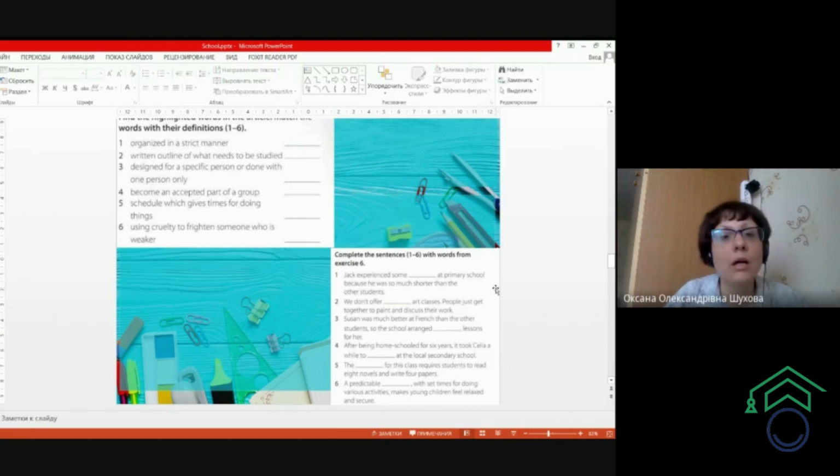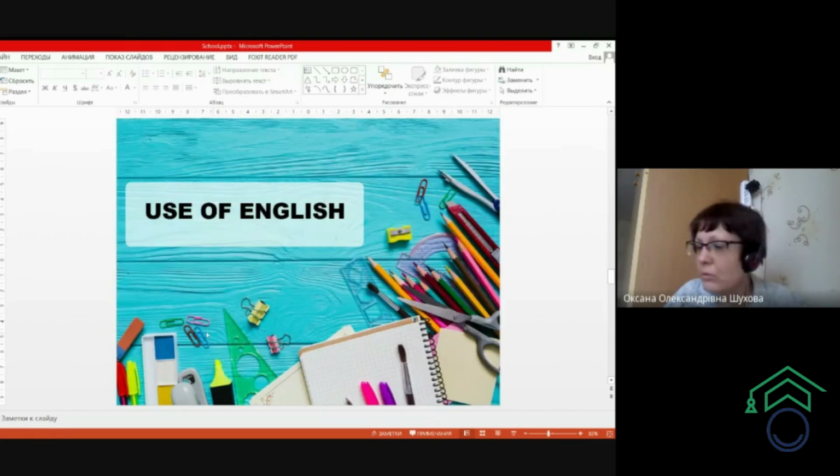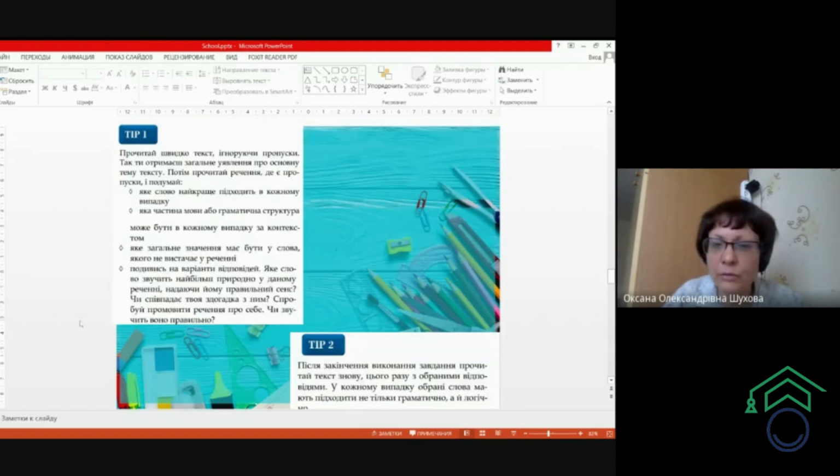Very well. Okay. So and now use of English. Тобто ми зараз переходимо вже до іншого типу завдання використання мови. Тож, минулого разу ми зосереджувалися на тому, як виконувати ці завдання. Давайте ще раз зосередимося на цьому, тобто, яким чином виконується завдання цього типу. Спочатку ми читаємо текст, ігноруючи пропуски. Таким чином ми зможемо отримати загальне уявлення про основну тему тексту.